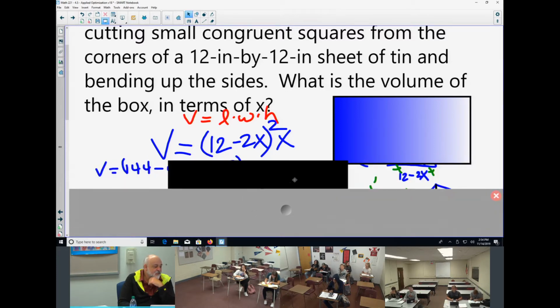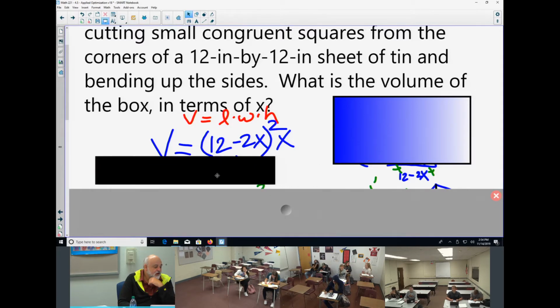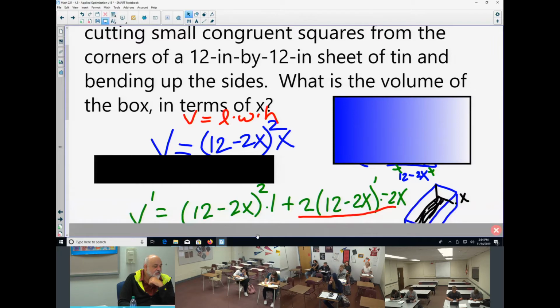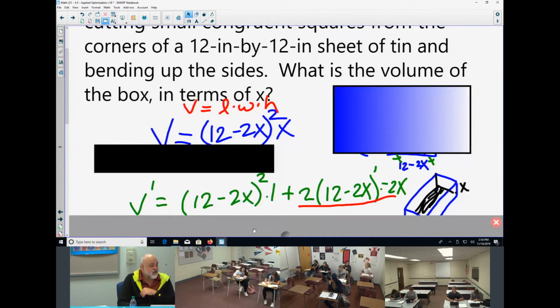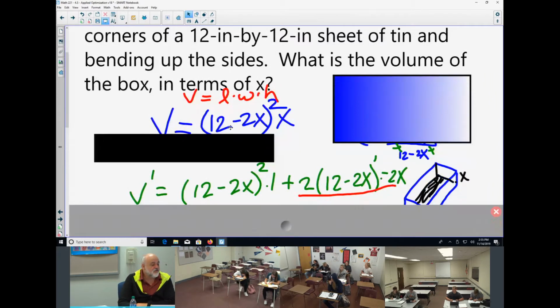So to do this derivative, what I would do is use the product rule. And so you think of 12 minus 2x squared as your u and x is your v. And so you take the first, 12 minus 2x squared, times the derivative of x, which is 1, plus the derivative of 12 minus 2x squared.